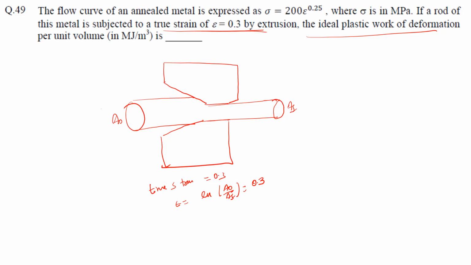The flow curve of an annealed metal is expressed as sigma is equal to 200 epsilon to the power 0.25, where sigma is in MPa. If a rod is subjected to a true strain by extrusion, we have to calculate the ideal plastic work of deformation.